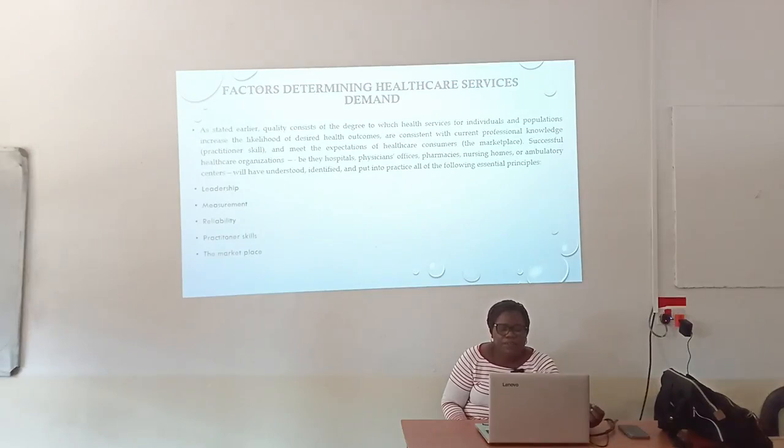And the second principle is measurement. So measurement looks at measuring the satisfaction of the healthcare delivery system by the patient.